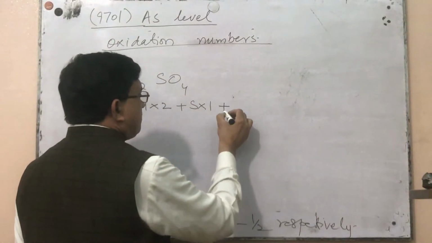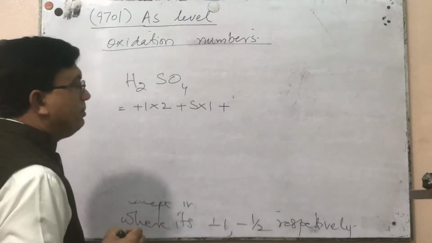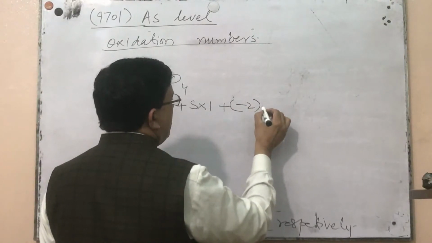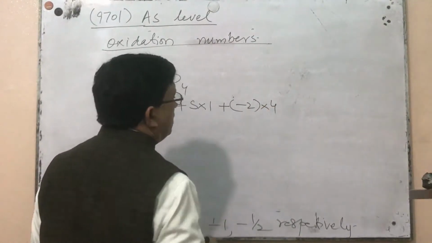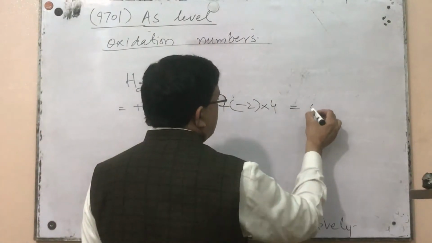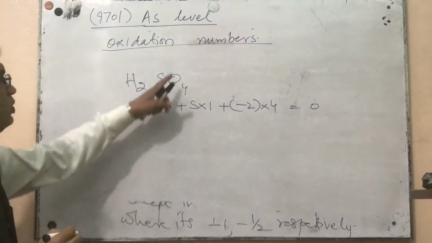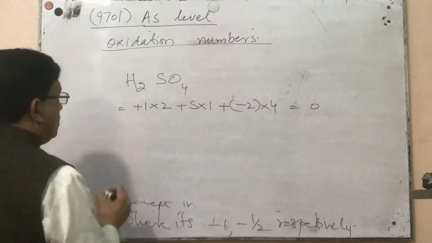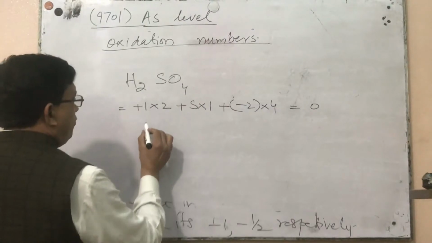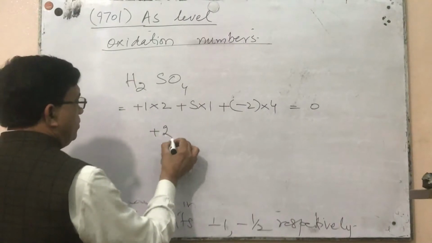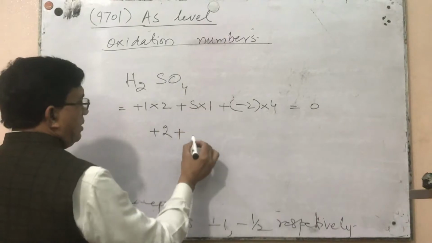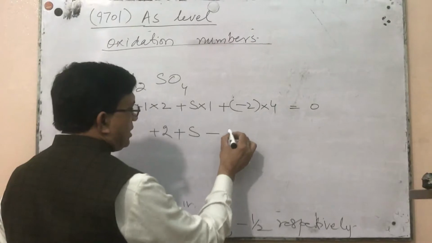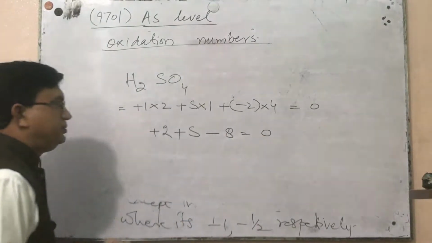Similarly, plus, this is a normal oxygen compound, that's why the oxidation state of oxygen is -2 multiplied by 4, is equal to 0, because the overall charge on this compound is 0. If we calculate all these, we will find +2 plus S and then -8 is equal to 0.